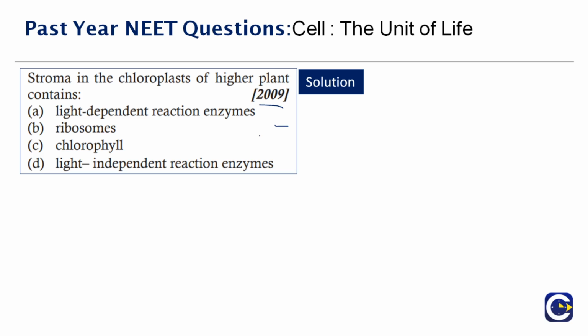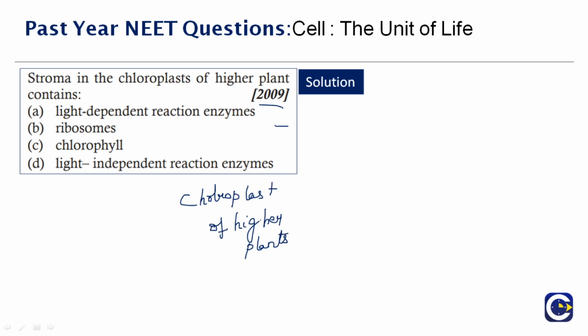So what do you mean by stroma? Have you ever heard what is stroma, or any idea where is it present? It is present in the chloroplast. Okay, it is present in the chloroplast of higher plants. Where are they present? They are present in the chloroplast of higher plants especially. So what do they contain? What does the stroma contain?